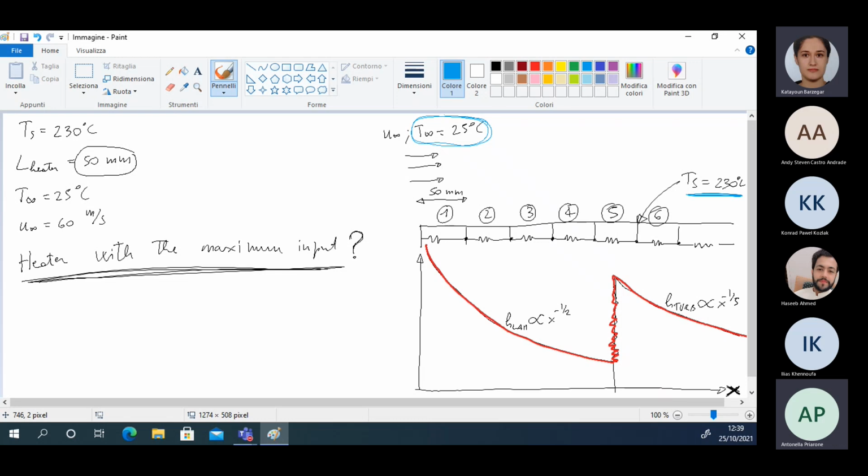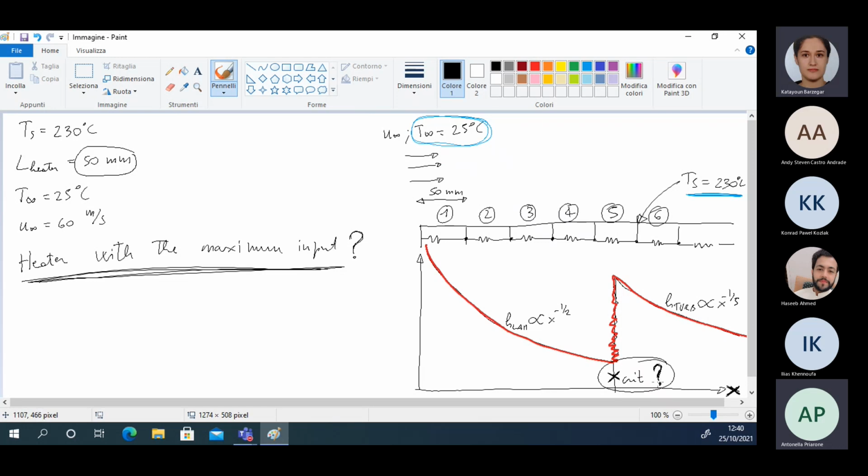When we calculate, we have to identify first of all where this transition is, this x critical. As usual, to simplify the analysis, we imagine a sudden transition at x critical.